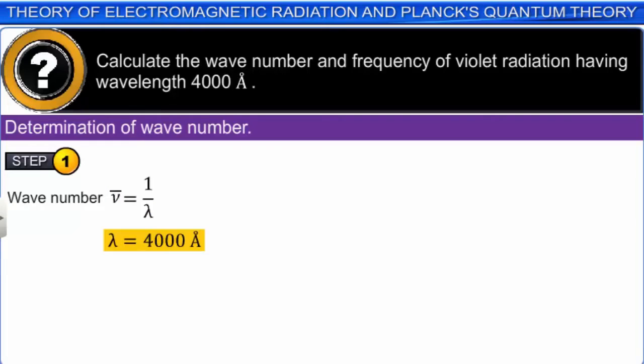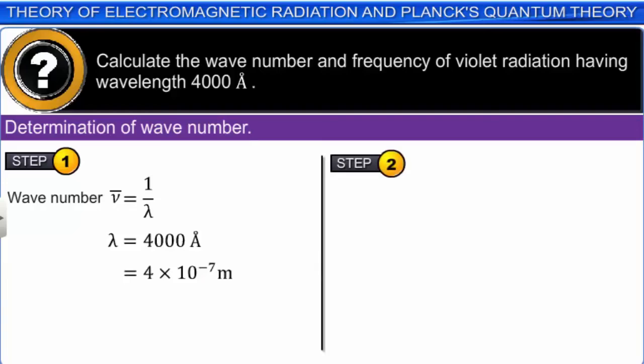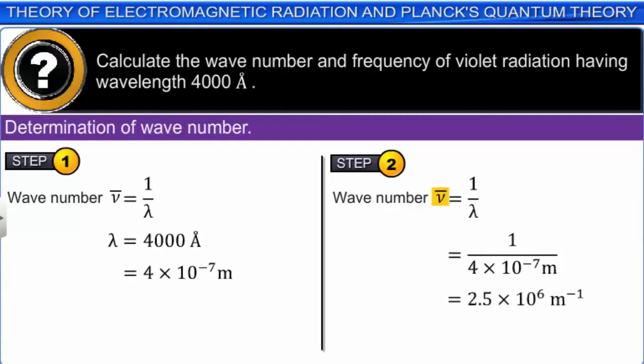The given lambda value is 4000 angstrom, which equals 4 multiplied by 10 raised to the power minus 7 meter. The second step involves substituting the value of lambda in this equation. On solving, we get nu bar is equal to 2.5 multiplied by 10 to the power of 6 per meter, or 2.5 multiplied by 10 raised to the power 4 per centimeter.